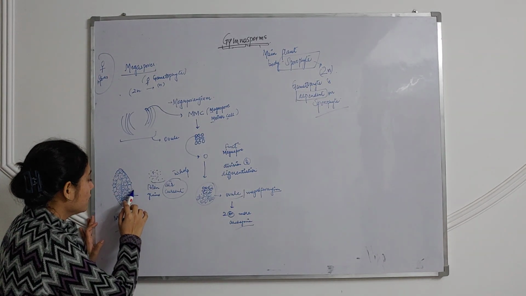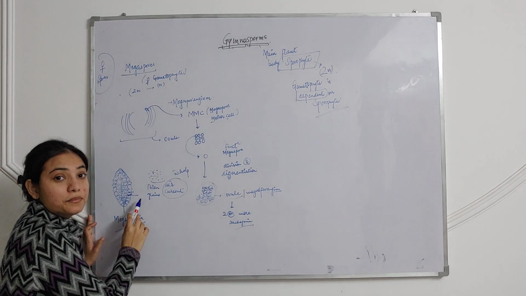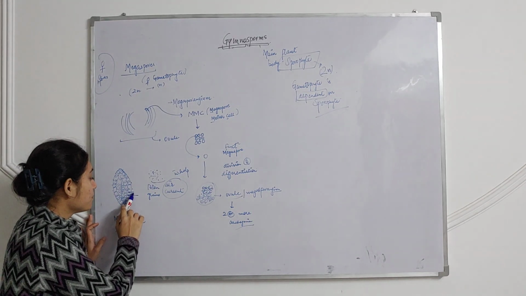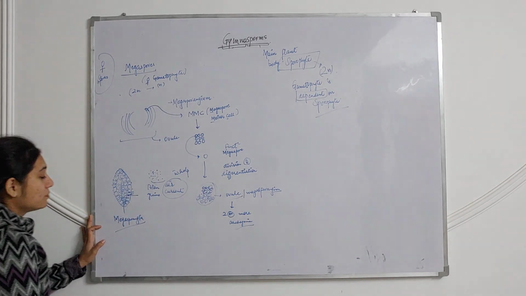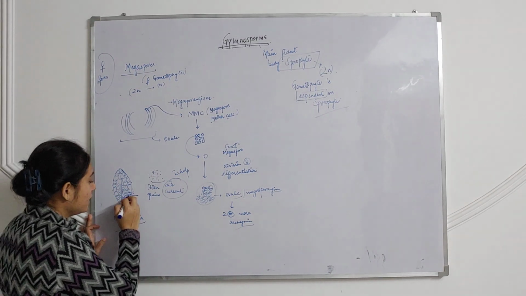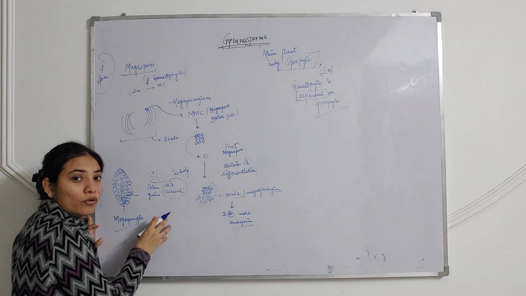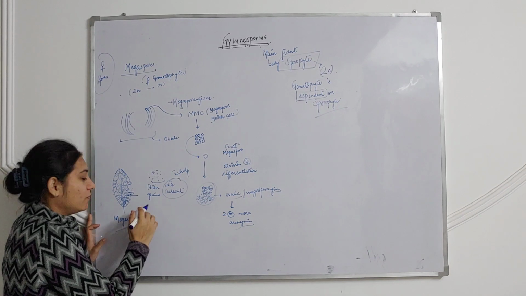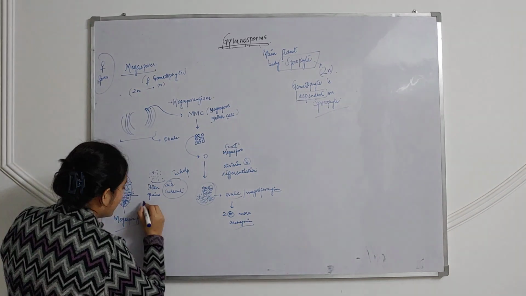Pollen grains reach there and produce pollen tubes. With the help of pollen tubes, pollen grains or male content is released near the mouth of the archegonia, where then fertilization takes place.